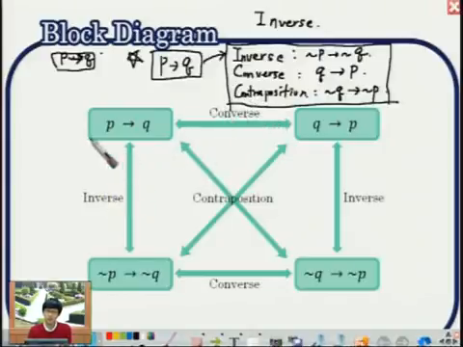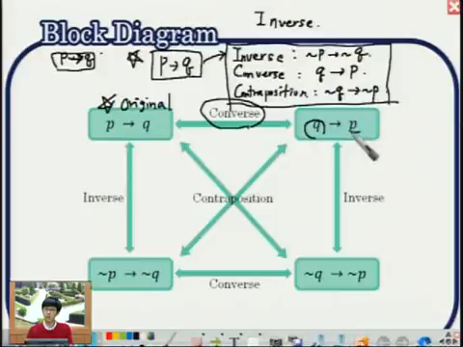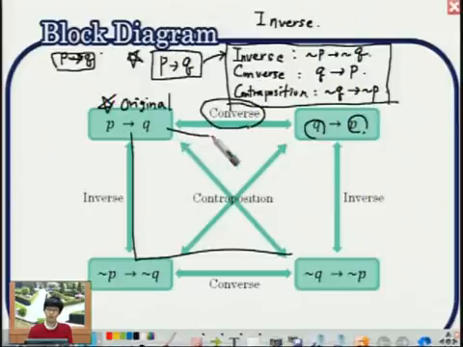So if this is the original one, then not P to not Q is the inverse of the original proposition. And this converse is Q to P. And contraposition means doing this and this, the converse first and inverse later.